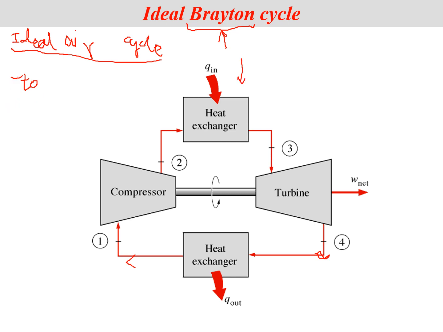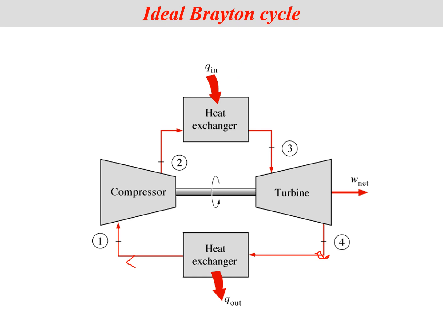So why the Brayton cycle? The Brayton cycle allows us to remain very efficient, although it takes more area and it involves a continuous operation rather than a reciprocating cycle, which is the IC engine cycle.